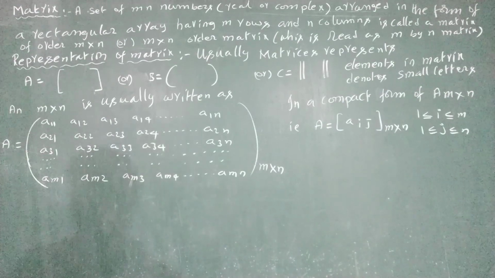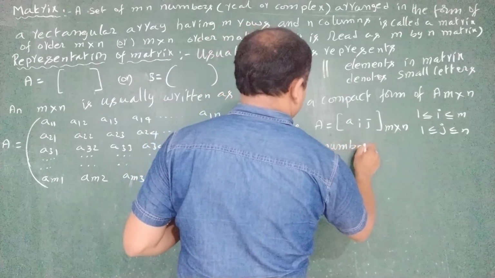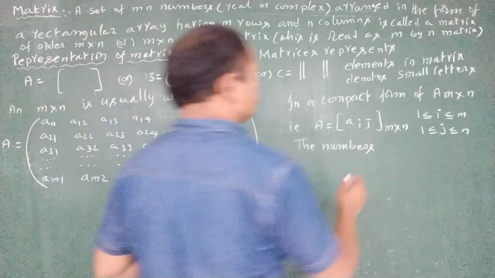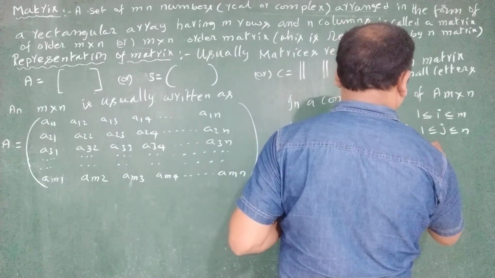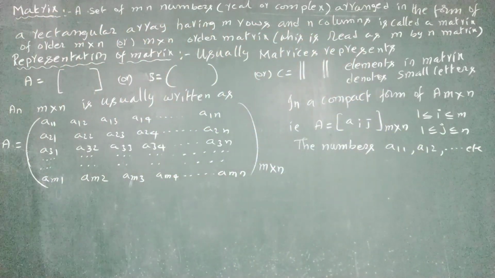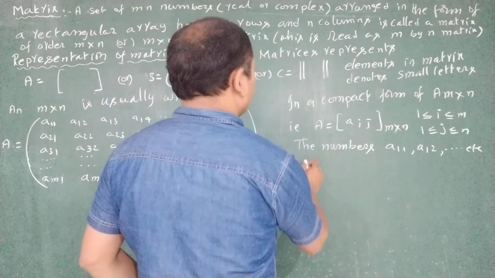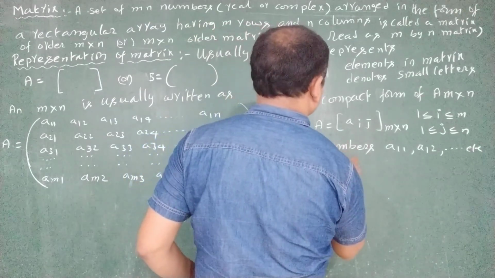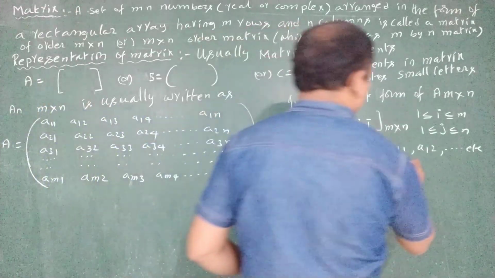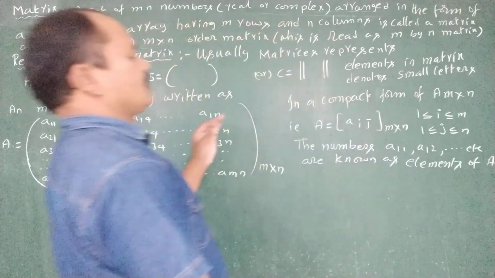From this matrix, the numbers a11, a12, and so on, are known as the elements of the matrix A.